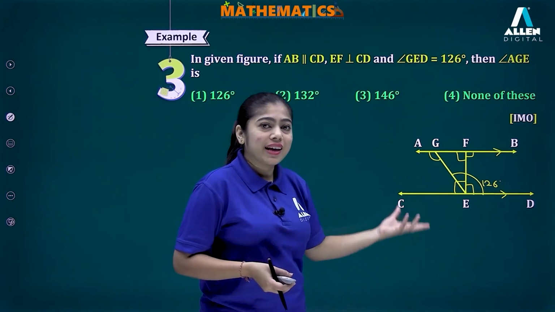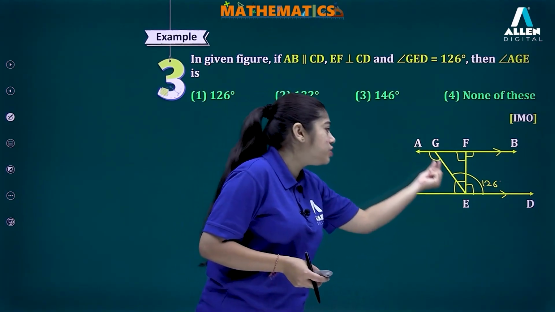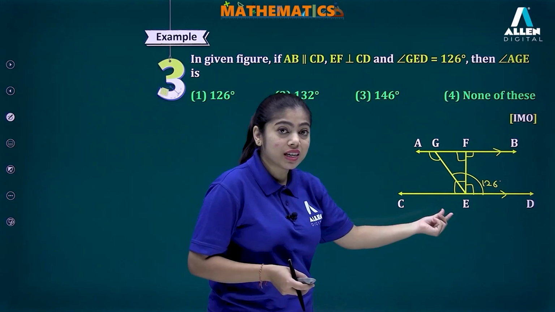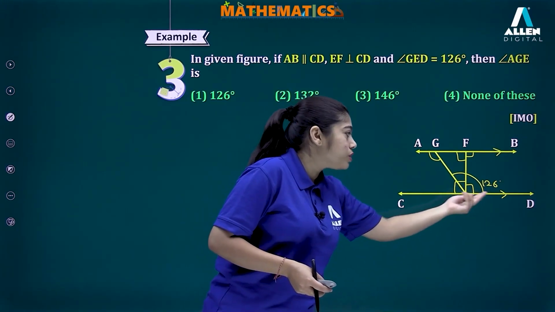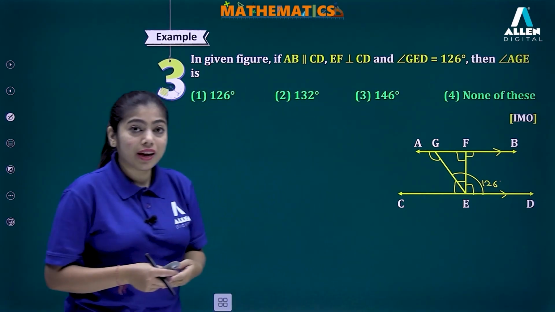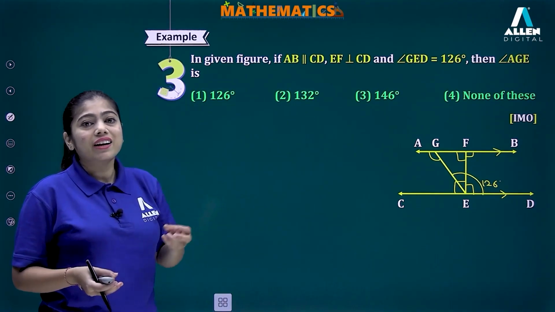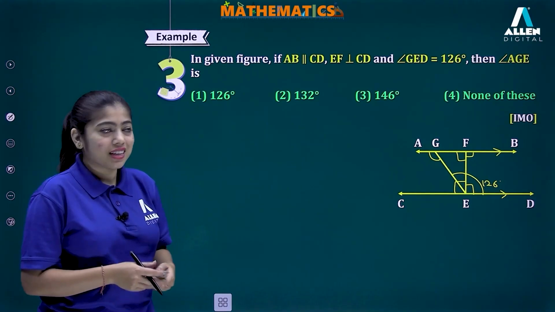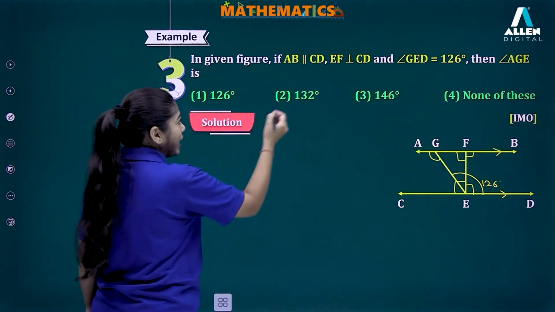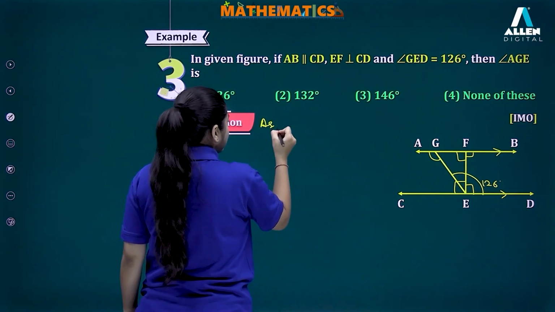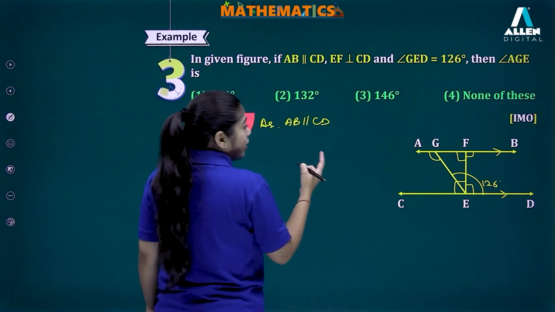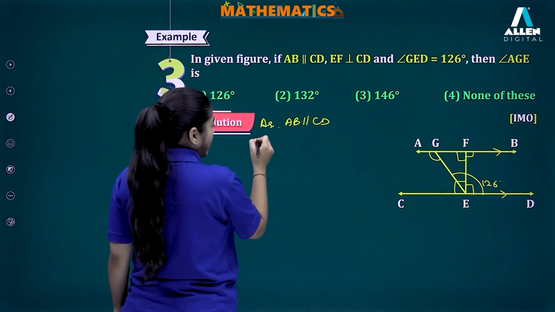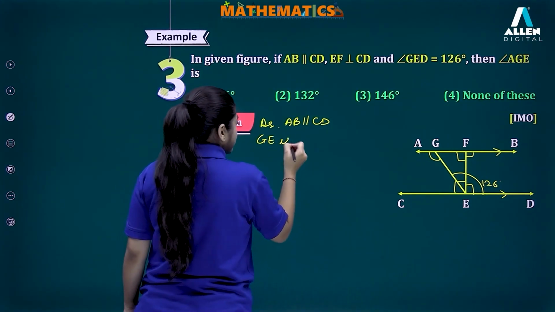So, can you see some relation between both the angles? Definitely yes. When the lines are parallel, and if I take GE line as a transversal, then angle AGE is going to be equal to angle GED. Why? Because they are forming a Z and they are alternate angles. So, let us write it down here. As we know that line AB is parallel to line CD, also GE line will be our transversal.